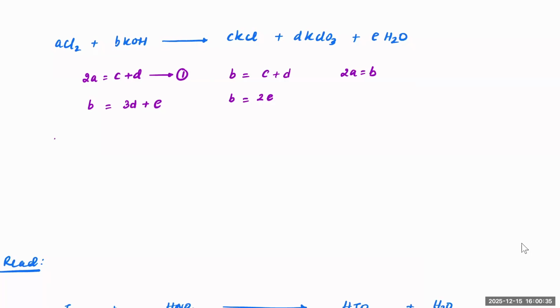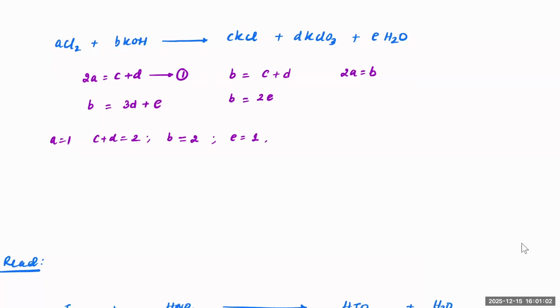For example, what I can do, I can take A is equal to 1. So I'll get C plus D is equal to 2. And B will be equal to, sorry, B will be equal to 2. Okay. If A is equal to 1 and B is equal to 2, E is equal to 1. Correct. And C plus D is equal to 2.